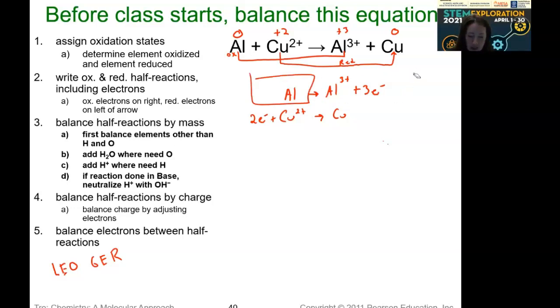Yeah, great question. Okay, so now in our final reaction, we can't have any electrons, so we need to get rid of our electrons. If we multiply this one by 2 and this one by 3, both of our electrons will be 6 and we'll all be set, right? So I'm just going to do this down here. I'll multiply that one by 2 and this one by 3, on both sides.